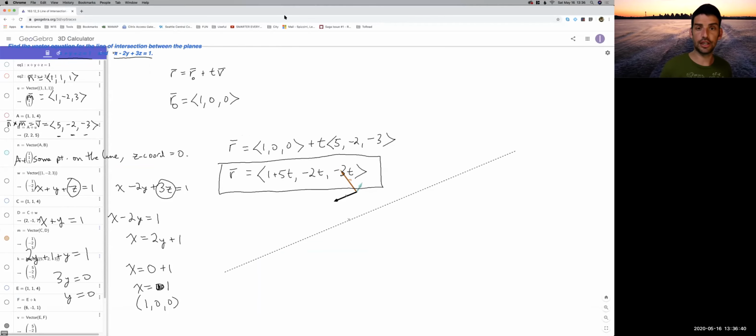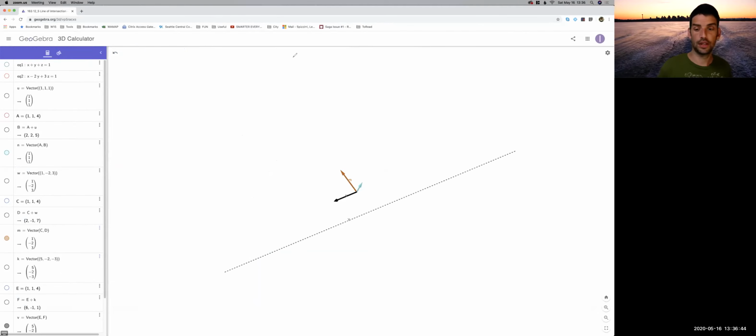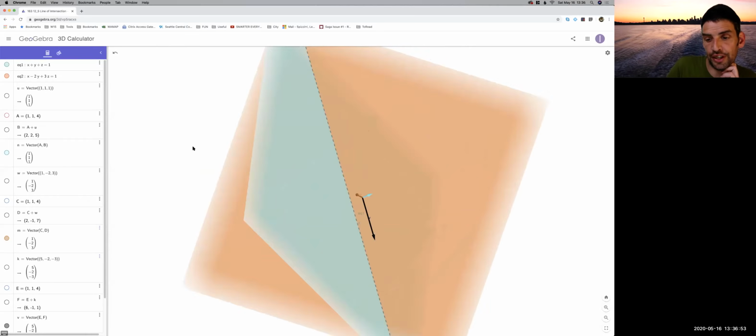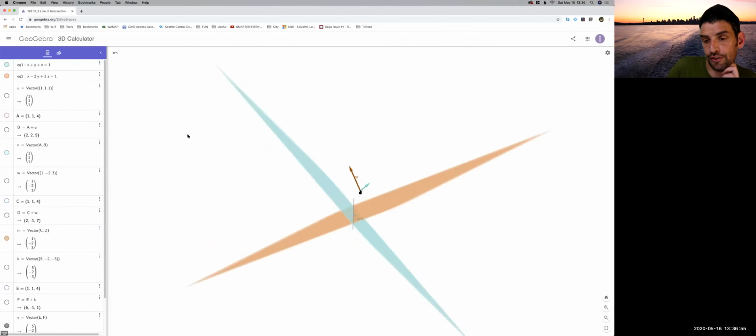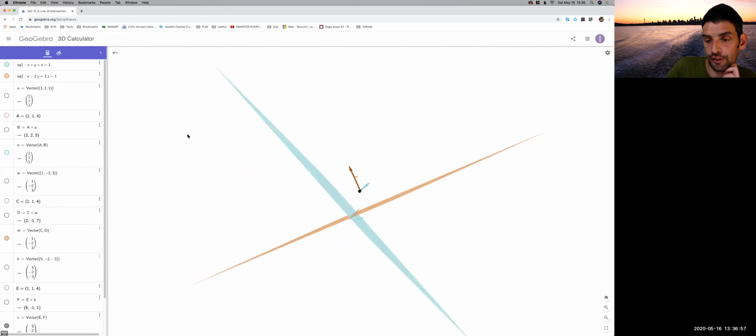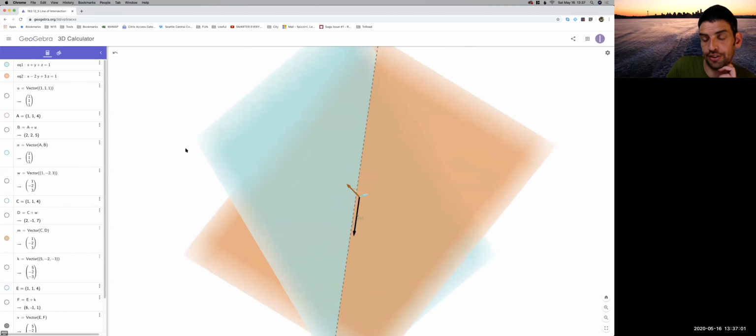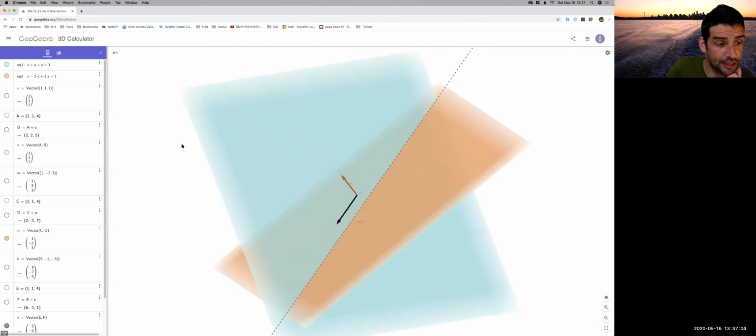So let me get rid of all the pictures. Let's bring some of the stuff back I had removed before. Remember, we started with these two equations. Their normal vectors, which I've pulled off their respective planes to look at them, are now perpendicular to v that we got by taking their cross product.